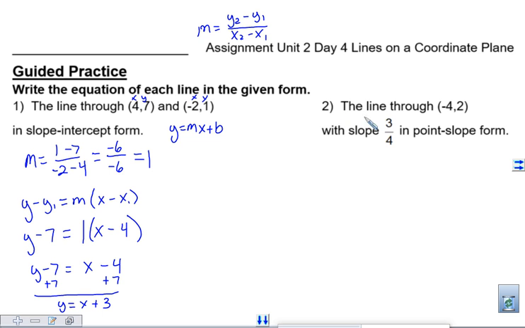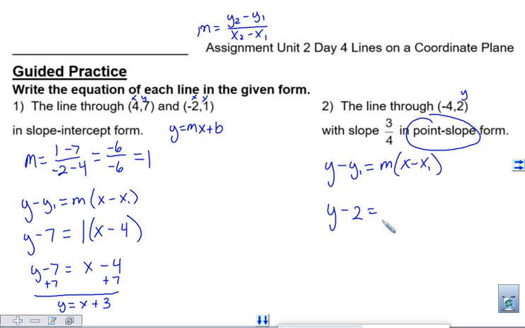The next one: the line through (-4, 2) with slope of 3/4 in point-slope form. So we want our answer in point-slope form. Remember, point-slope form is y minus y1 equals m(x minus x1). And then we're plugging in. So y minus our y value, which was 2, equals our slope, which is 3/4, (x minus our x value, which is -4).